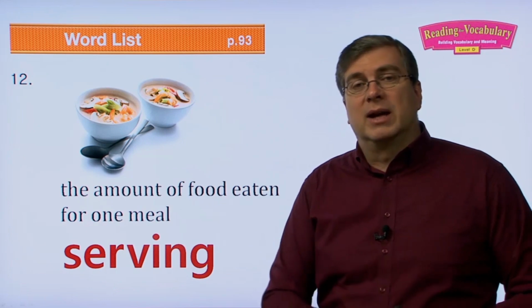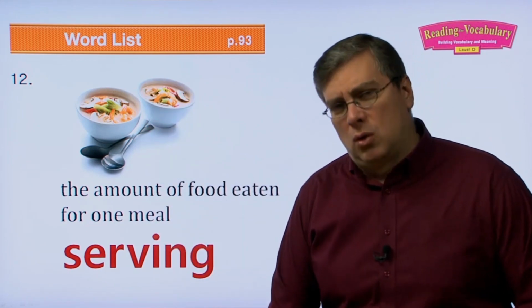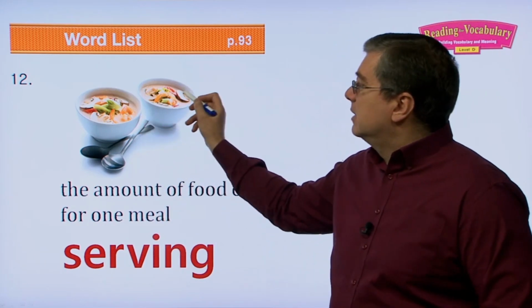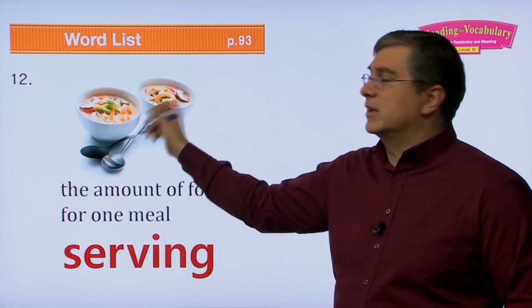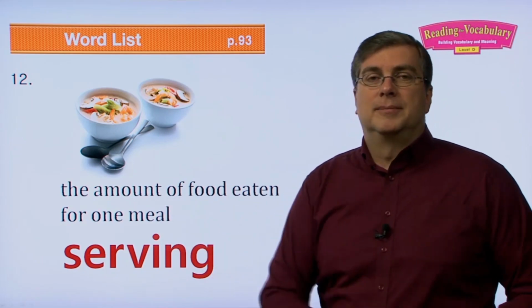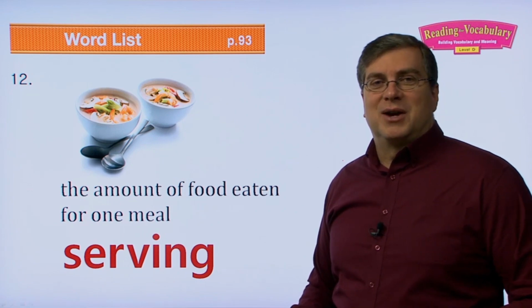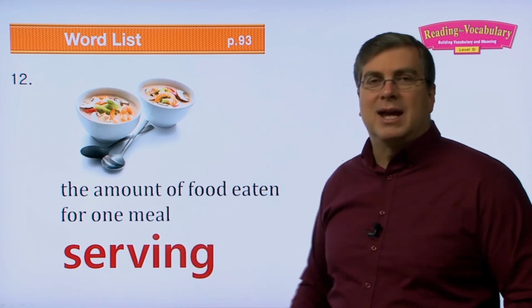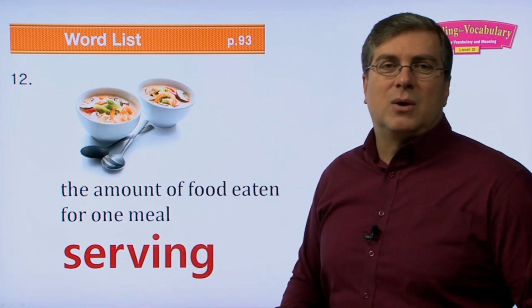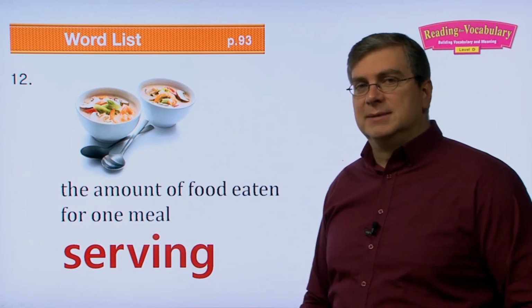That's one serving. If you want 2 servings, that means you have another bowl of soup. So 1 serving, 2 servings. There are 2 servings here. So the amount of food eaten for 1 meal. Okay? Sometimes people will have a lot of servings for their meal, right? But it's a serving. Okay? It's typical. But some people are so hungry, they want more than the typical amount, so they have another serving. Okay?